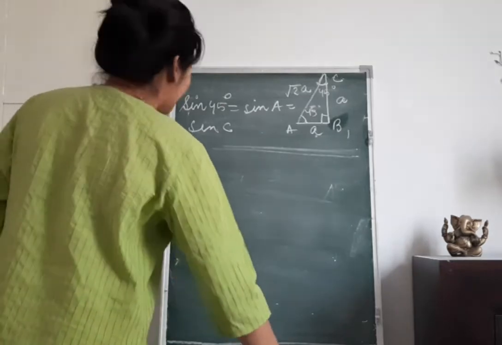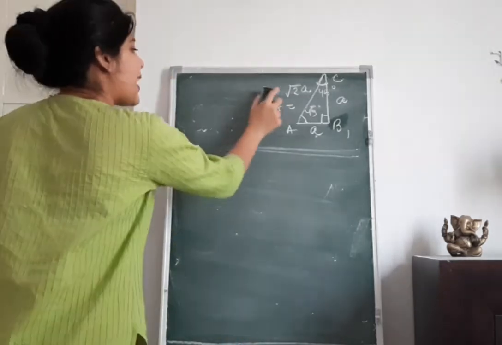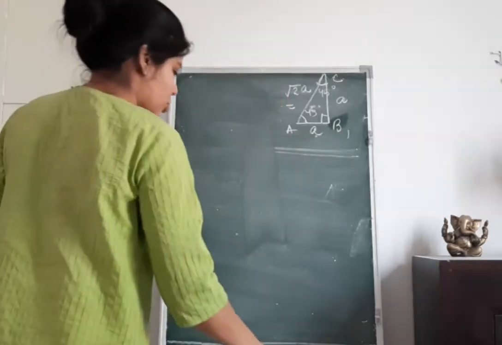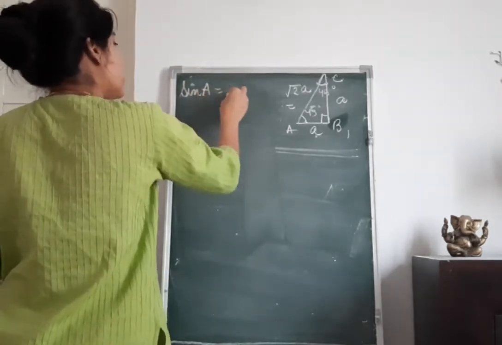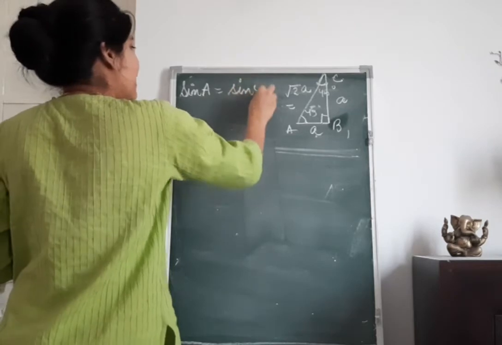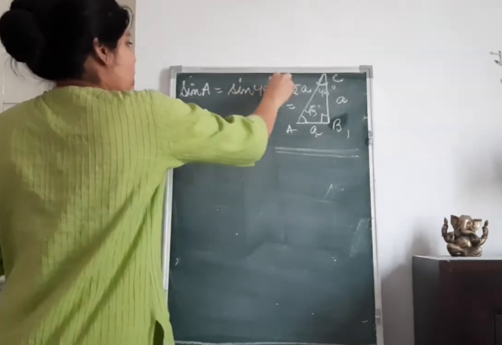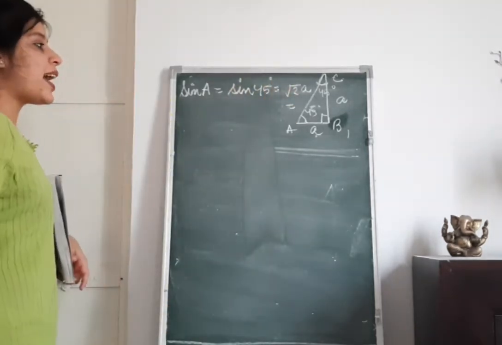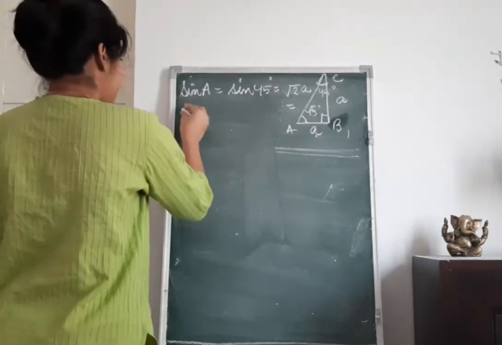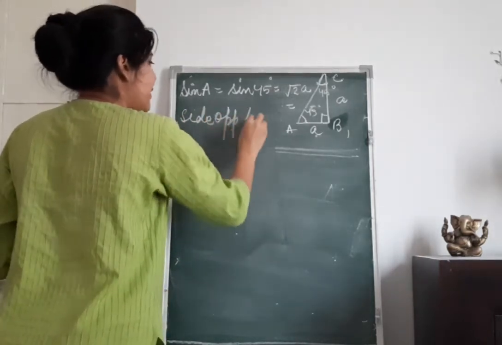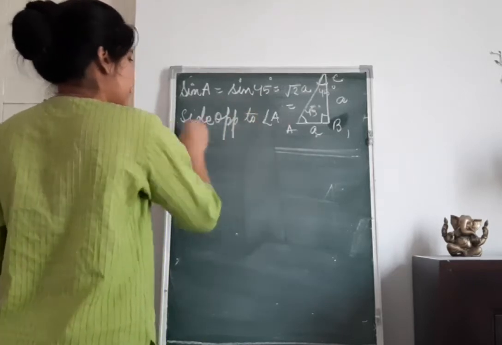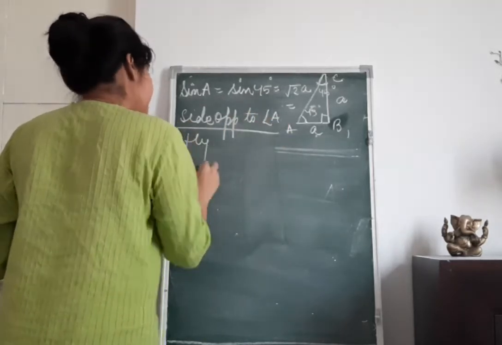So let me take reference as sine A, that is equals to sine 45 degree. Now what is sine A equal to? Sine A is equal to side opposite to angle A upon hypotenuse.